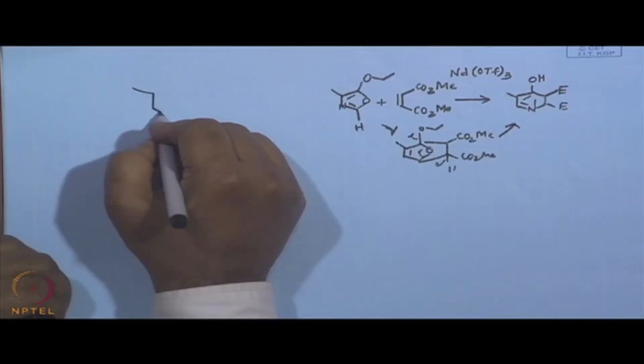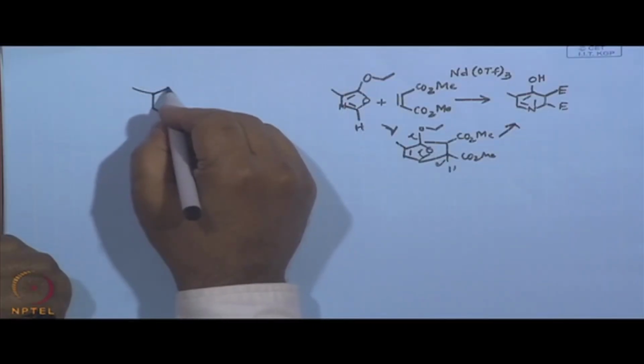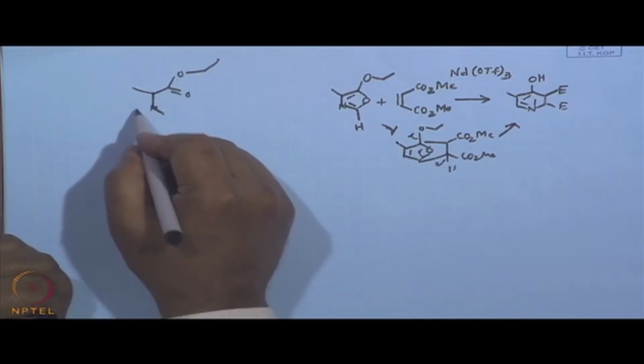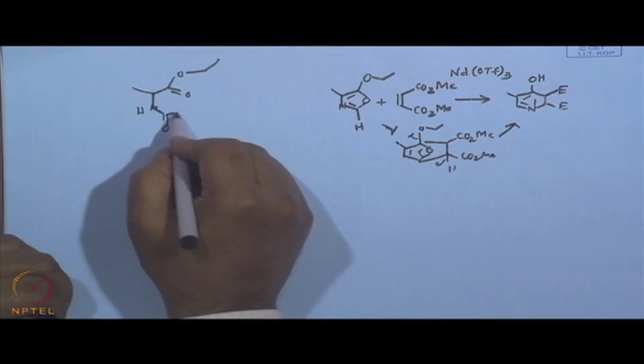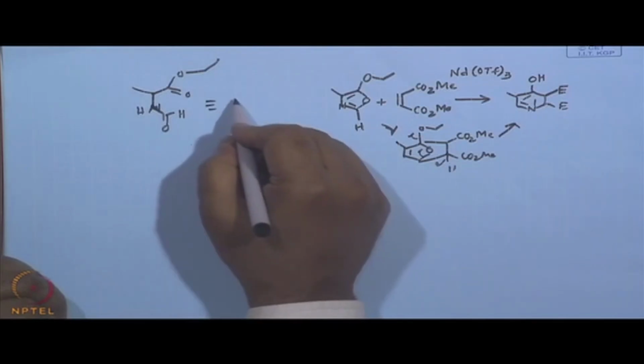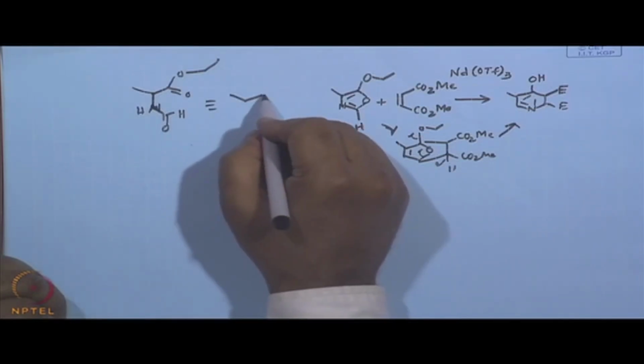So, in any case, this is what is very important, oxazole. How do you do so? Just do the oxidative cleavage or the hydrolytic cleavage. If you do the hydrolytic cleavage, if you break it, this is N, H and this, that is it.